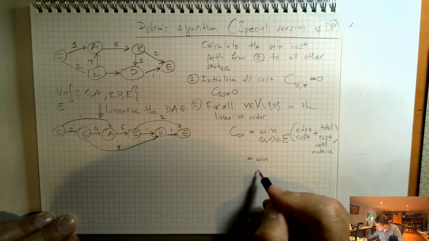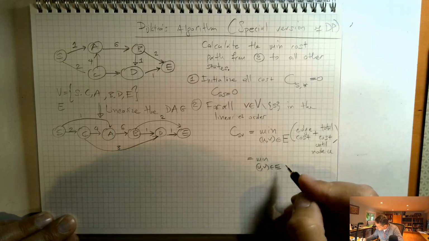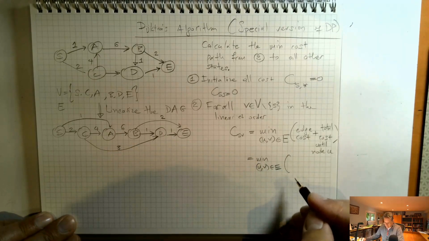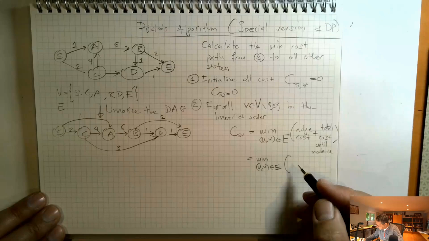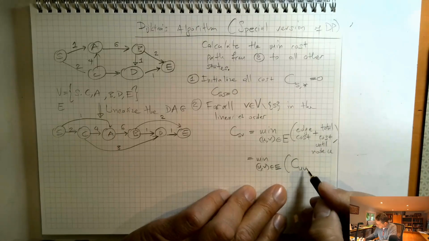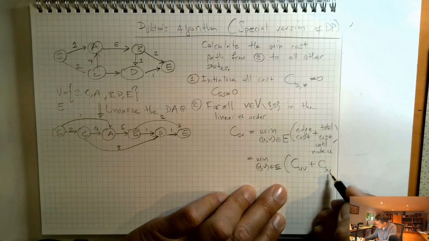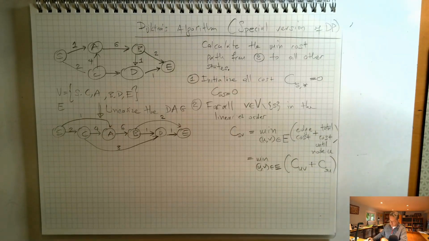(U, V) belongs to the set of edges. The edge cost I will call C_UV, and the total cost until node U I will call C_SU.